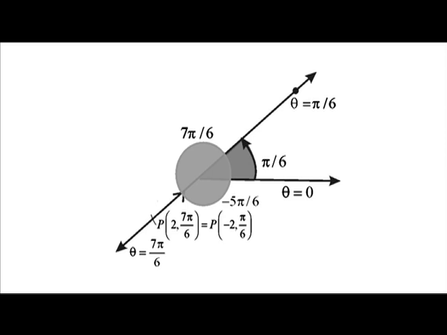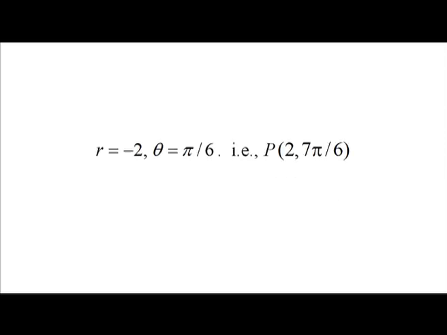It can also be reached by turning π/6 radians counterclockwise from the initial line and going backward 2 units along the resulting line. So the point has polar coordinates r = −2 and θ = π/6. That is, P with polar coordinates (2, 7π/6) can also be represented by the ordered pair (−2, π/6).